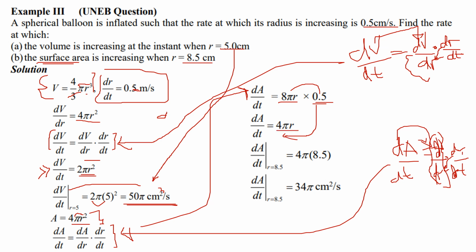Then, after getting the variable that they want, is when you can refer to the when condition that is always given in the question. So here they say that when r is equal to 8.5 centimeters, we substitute it in this expression, and then we get 4 pi multiplied by 8.5, and you end up with your final answer to be 34 pi centimeters squared per second.